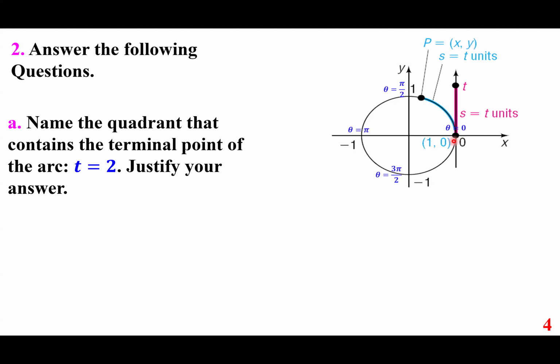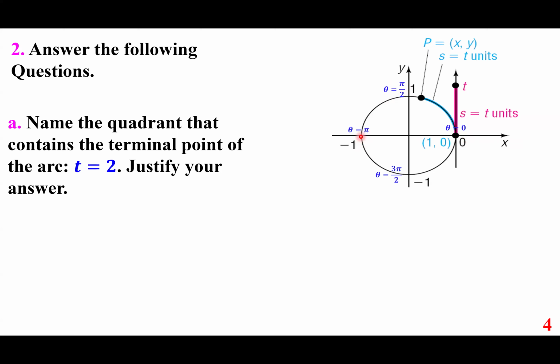Location 1, 0. The angle that the arc makes with the positive side of the x-axis is the angle of interest. So this is 0 degrees, this is 90 degrees or pi over 2.